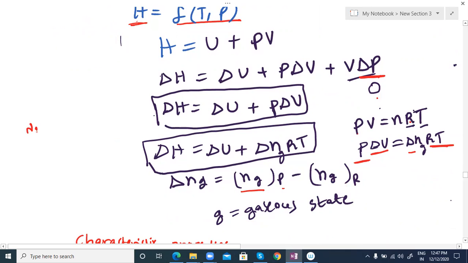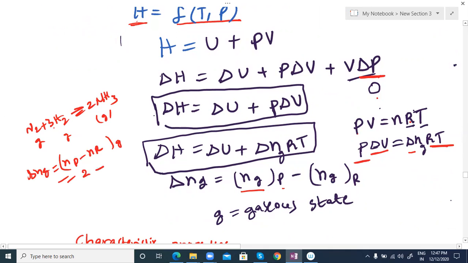For example, N2 plus 3H2 gives 2NH3. Assume all these are gas state. Then what is delta n_g for this reaction? n products minus n reactants: n products is 2 moles, n reactants is 3 plus 1, total 4 moles. So I get minus 2. Delta n_g value is minus 2.